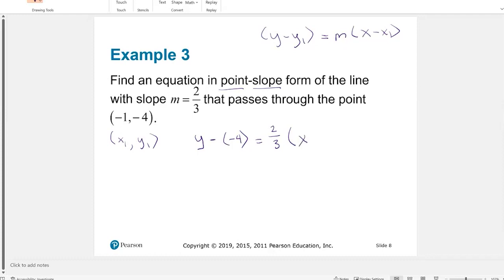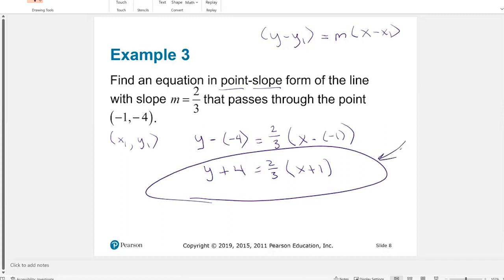I only have one x, and the one x that I have is -1. I simplify. I get y plus 4 is equal to 2/3 times x plus 1, and I'm done. This is the answer in point slope.